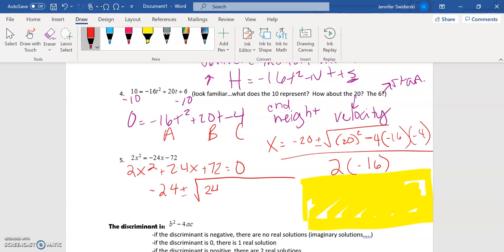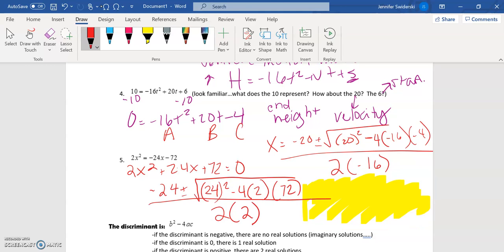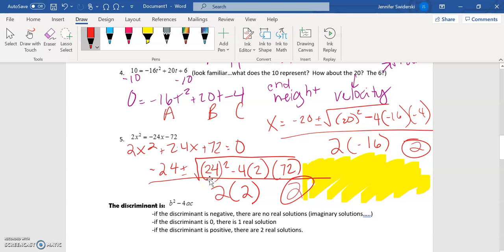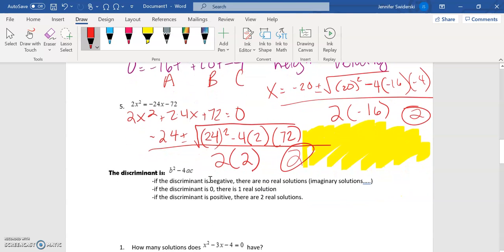So we're going to get 24 squared minus 4 times a times c, it's a big one, over 2a, so 2 times 2. I'm going to have you go ahead and solve. You should have 2 answers for this one as well. Go ahead and send me those when you simplify them. All right, what does x equal?